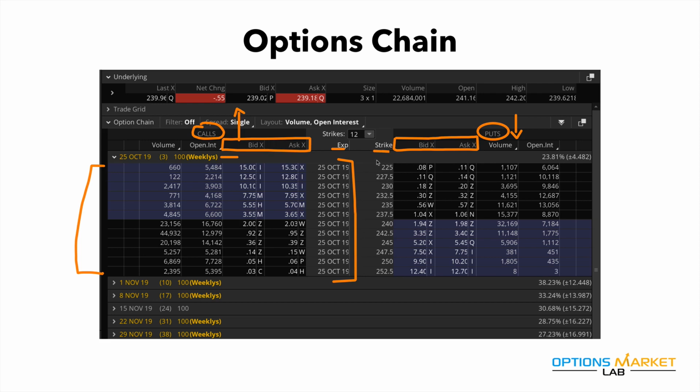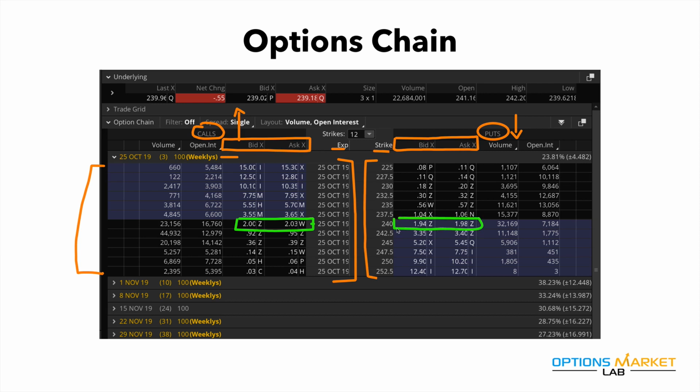Again, for the strike prices, we will have completely different premium for each side. If we take a look on call side, for 240 contract strike price, the premium is between $2 and $2.03. And on the put side, we have $1.94 and $1.98 at the ask.